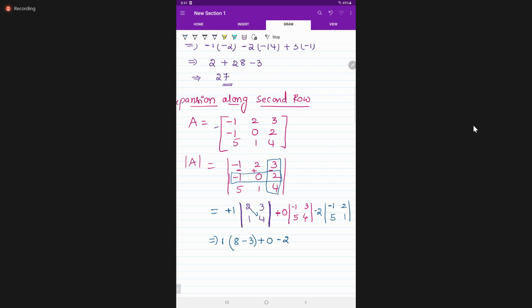Minus 2 into minus 11 is plus 22. Plus 22, so it is 27. Yeah, it's 27.